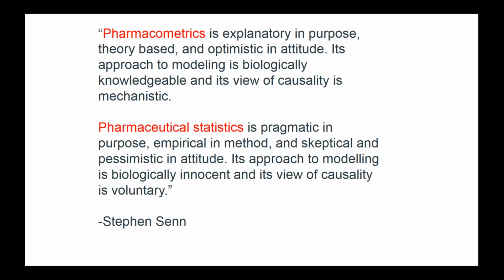Its approach to modeling is biologically knowledgeable, and its view of causality is mechanistic, while pharmaceutical statistics is pragmatic in approach, empirical in method, and skeptical and pessimistic in attitude, with its approach to modeling biologically innocent, and its view of causality is voluntary. So pharmaceutical statistics is really saying, come on, prove it to me, whereas pharmacometrics is the drive to really try and generate hypotheses and to look at possibilities, as it were.